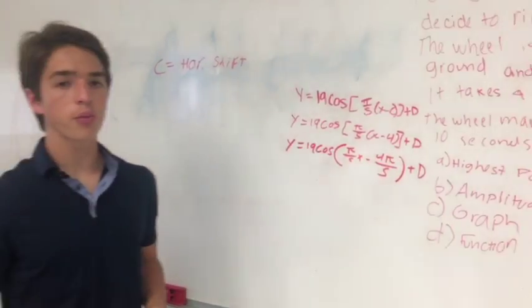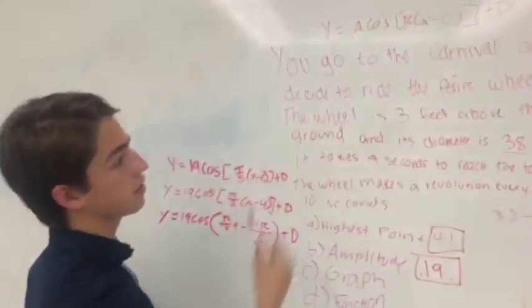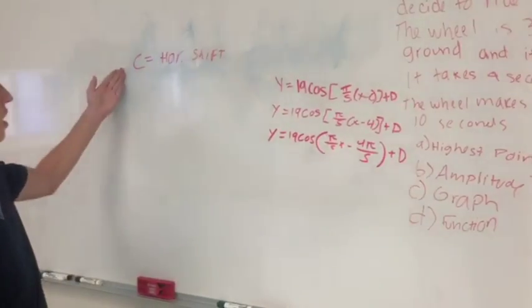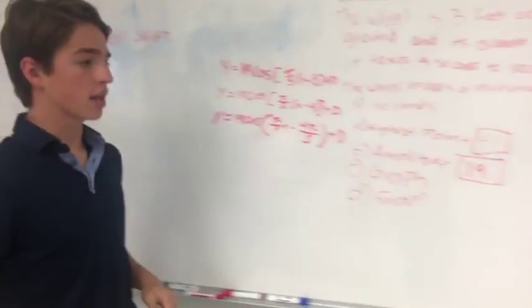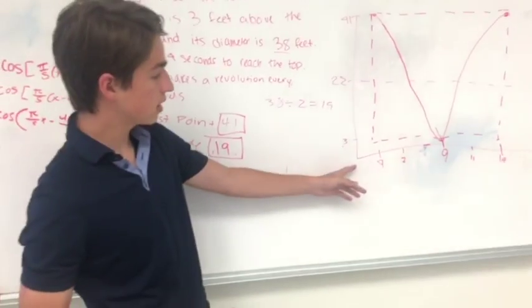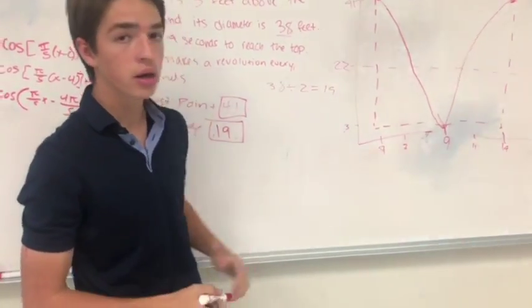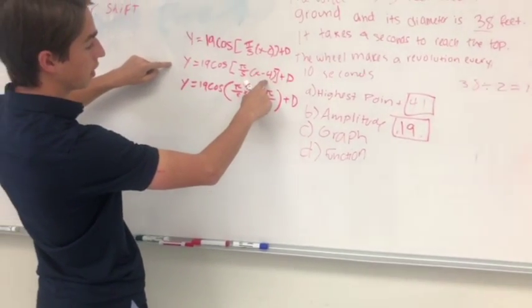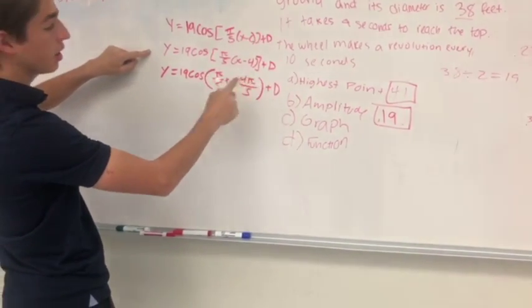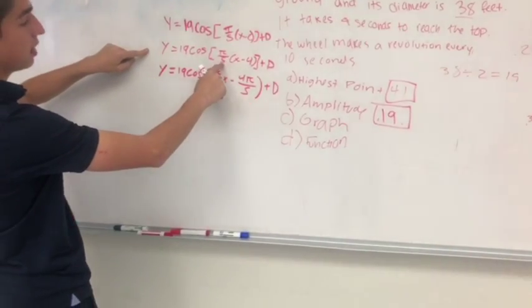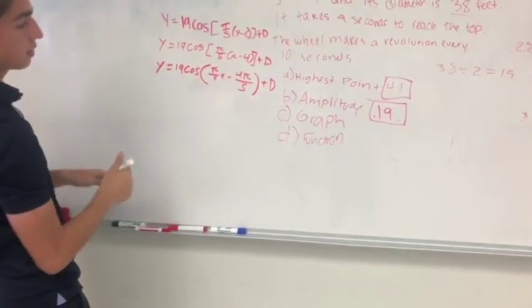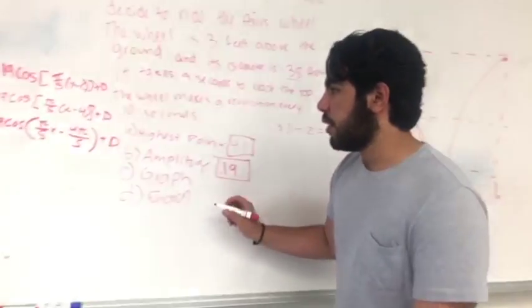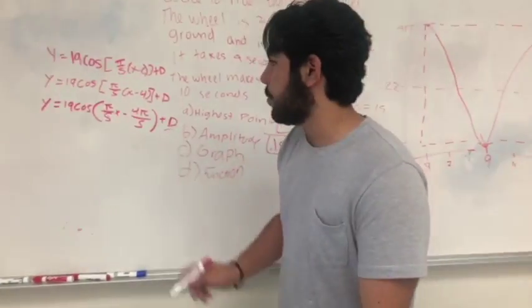According to our formula that we had previously introduced, we know that c equals the horizontal shift, and taking a look at the graph, we can see that the point starts at 4. So we have to insert the 4 into the formula and do the distributive property between the b and the parentheses. To complete the equation, we need to find the d, that is the vertical shift.